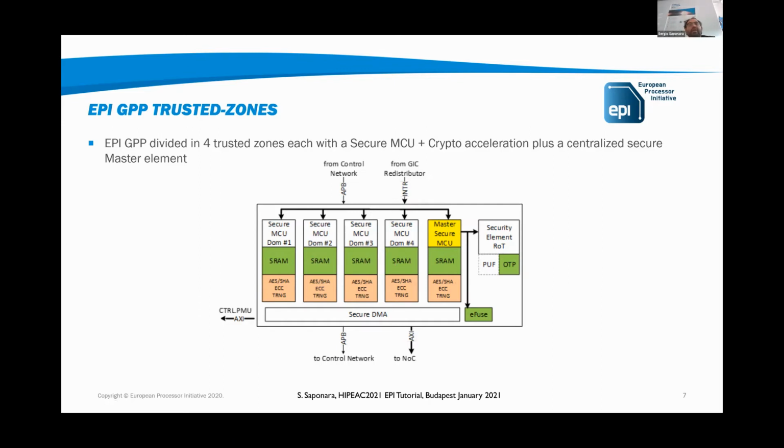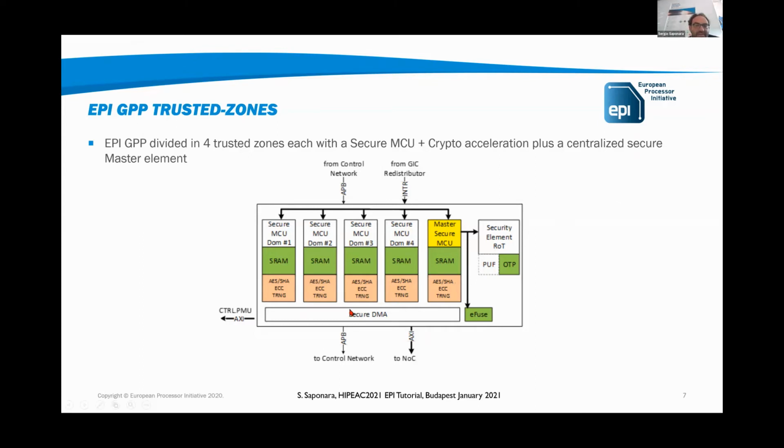So the European Processor Initiative GPP is ready to support advanced concepts like hypervisors and virtual machines coexisting in different domains, since you can have zones with different levels of trustability. And there is a secure part supervising everything, also using dedicated technology solutions, like for example one-time programmable memory, physical unclonable functions, or fuses, for a technology-integrated approach.